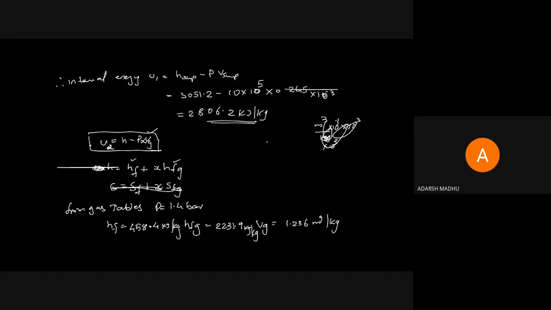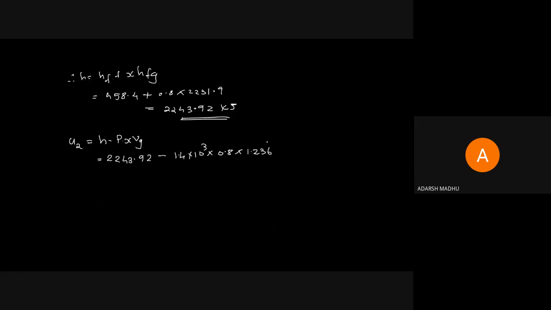So previously, when we take the value of Vg, we want to take 10 power minus 3 to convert the whole value into SI unit. If it is meter cube per kilogram, then when 10 power 3 goes up, it reaches meter cube in power minus 3. That is 1.236 into 10 power minus 3, converting it into SI unit. You will get the value of U2 directly.